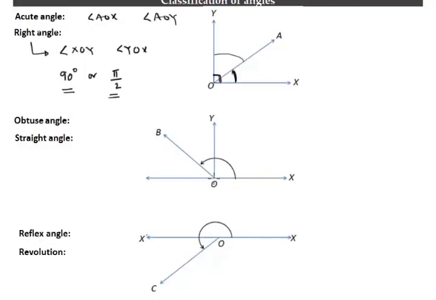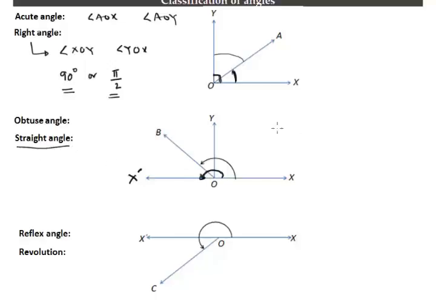When two line segments OX and OX prime are exactly opposite to each other, so OX is this direction and OX prime is this direction, then when they meet at a point, they make the whole angle, which is a straight angle.